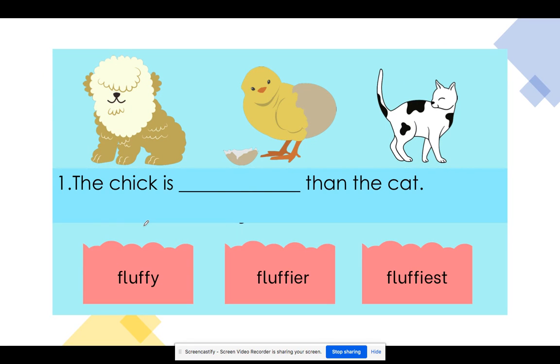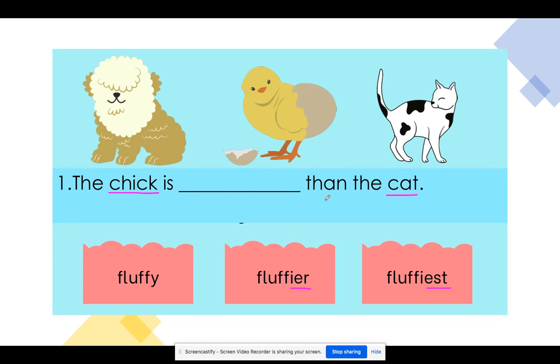Let's take a look at this one. It says the chick is then the cat. So our options are fluffy, fluffier, or fluffiest. I'm comparing the chick and the cat. So I'm comparing two items.